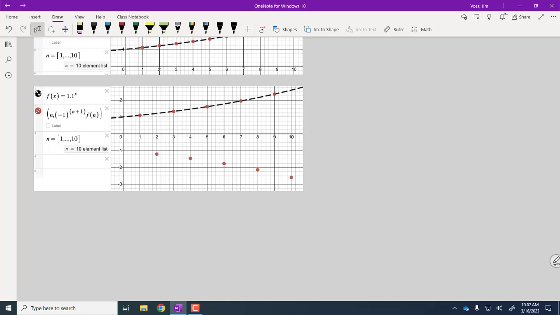So I drew it as 1.1 to the x, but if we throw in a switch, then the red dots are oscillating. Clearly, that limit doesn't exist. You can't say that it goes to infinity, but it's going to oscillate. It won't exist because the terms aren't going to a single number. So pictures of some of these sequences.